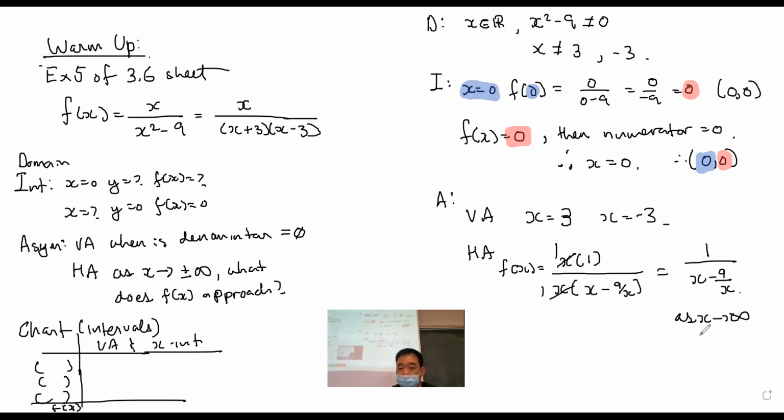As x approaches infinity, f of x is going to be 1 over infinity minus a 0, because 9 over infinity is essentially a 0. So this approaches 0. From the positive side or negative side? Yeah, positive. It's a positive fraction.